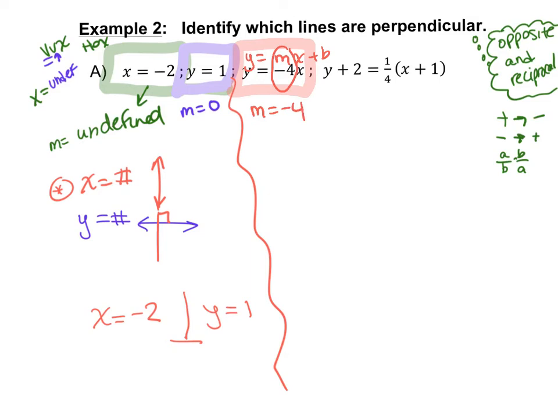Now if I'm looking at this last equation, it's currently in point slope format. Y minus y1 is equal to m times x minus x1. Hopefully you all can see that yellow. M is 1/4.